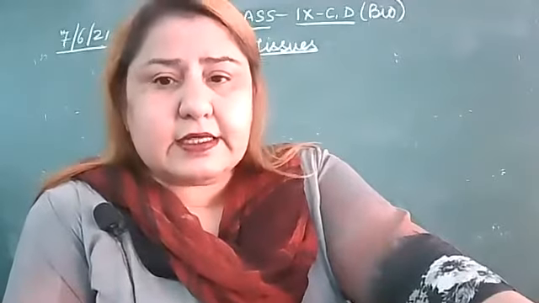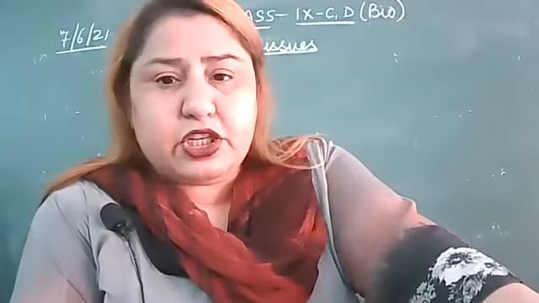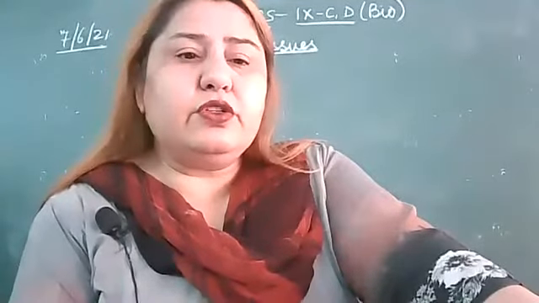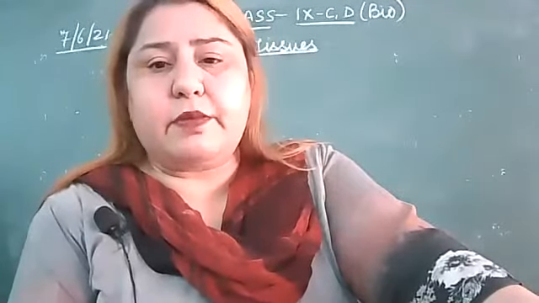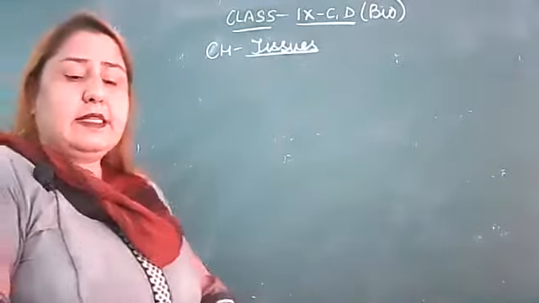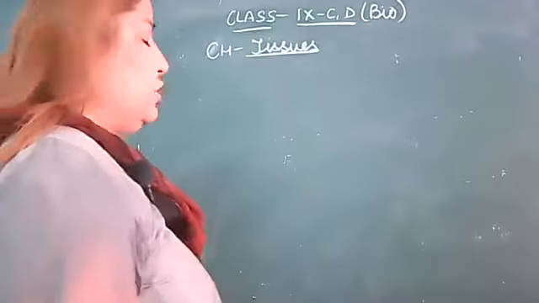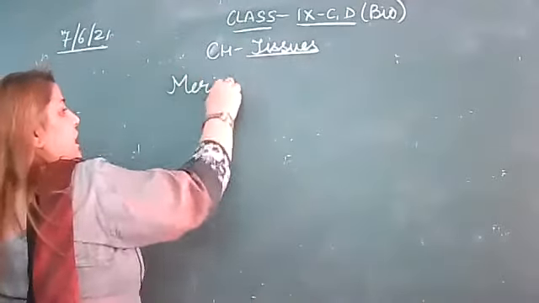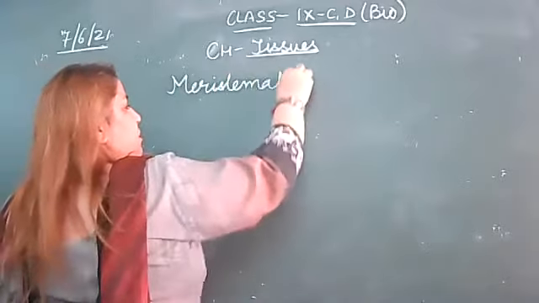We already had discussed the meristematic tissue, that means dividing tissue. Okay, now we are going to discuss the occurrence of the meristematic tissue. Let's write: occurrence of the meristematic tissue.